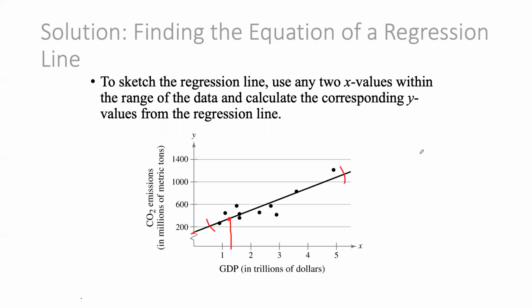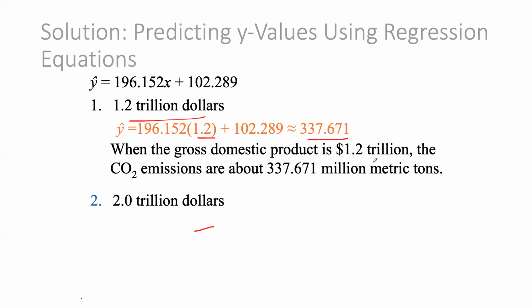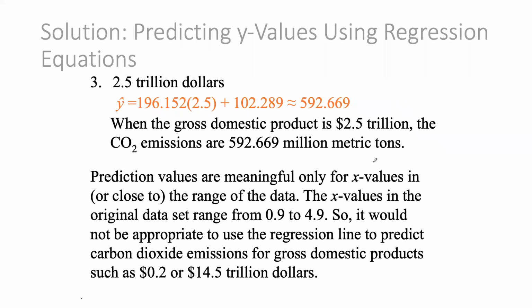But if you go somewhere far out and want to predict what happens when x is there, this might not be particularly meaningful because we don't have enough data to have confidence that this regression line actually extends there. If we find more data and this line starts to bend one way or the other, we might not have that much confidence in what is happening, right?